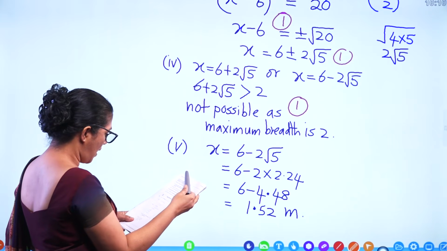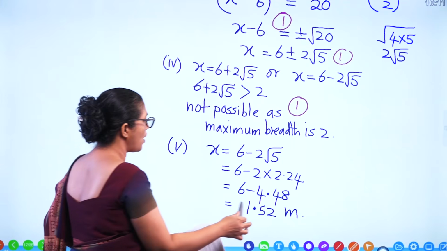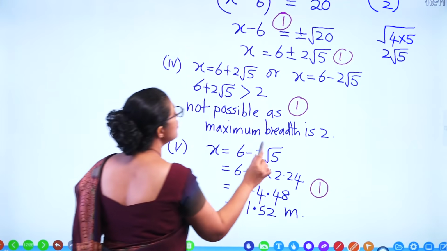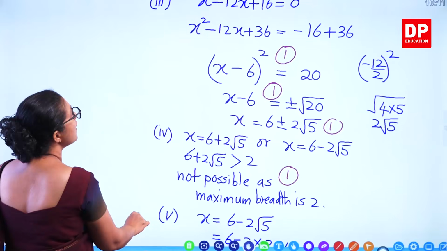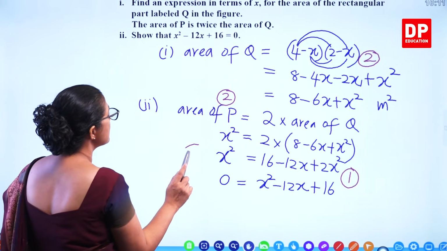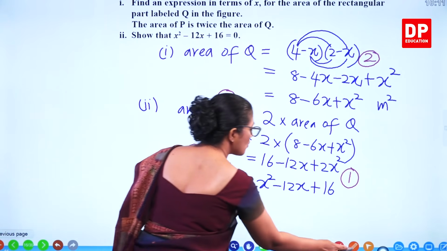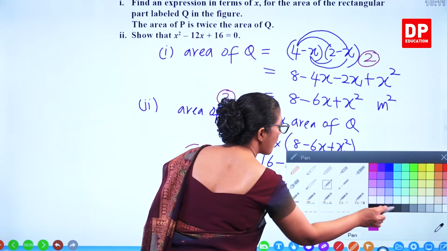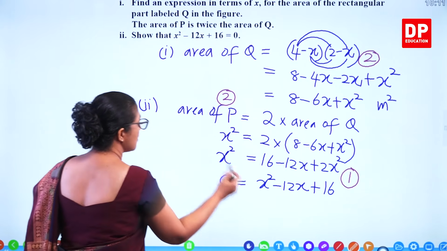And for the fifth part, finding the answer, you get just 1 mark. So 10 marks all together.